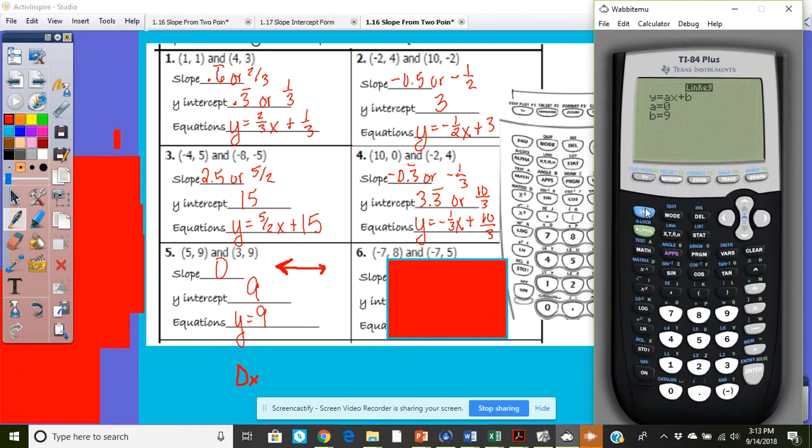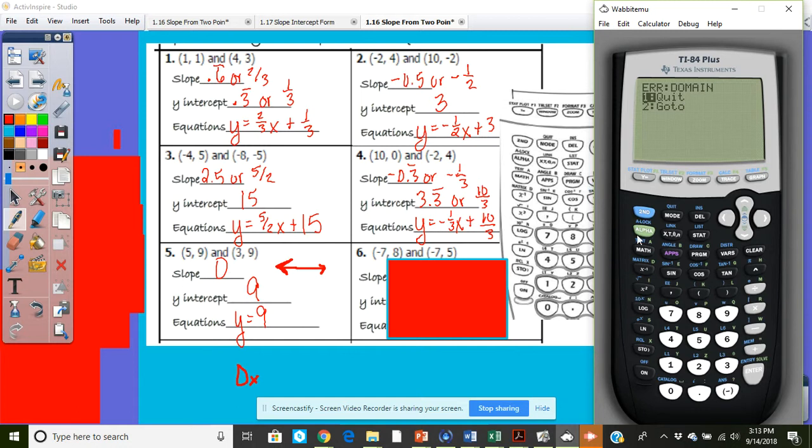All right, and last one. -7 is my first x, -7 is my second x, and then 8 and 5. So stat, calculate, 4, scroll down to calculate, and I get an error.